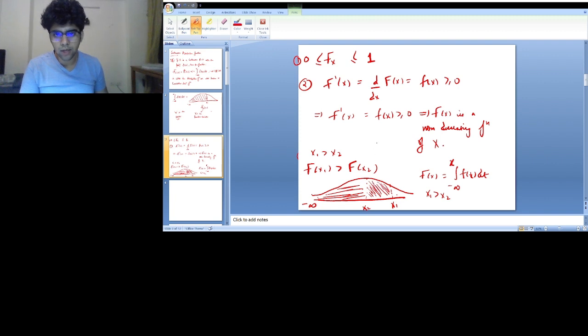So automatically we know that F of x1, which is the area under the curve from negative infinity to x1, is greater than the area under the curve from negative infinity to x2, right? The CDF is just the area under the curve from the lower limit to any point x, where I'm integrating over the PDF, because my PDF is the probability function, so I'll be integrating that only.